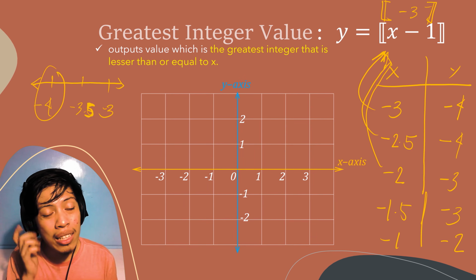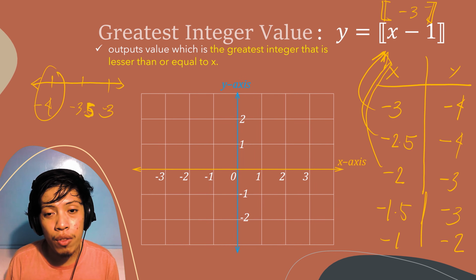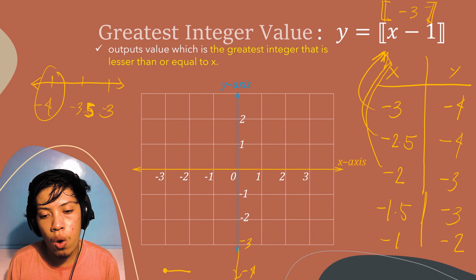Now if we plot the graph of this function, it would look like this. For negative 3, the value is negative 4, so we add negative 3 and negative 4 somewhere here, a solid dot. For negative 2, this one right here is an open dot, meaning negative 2 is no longer included in this line.